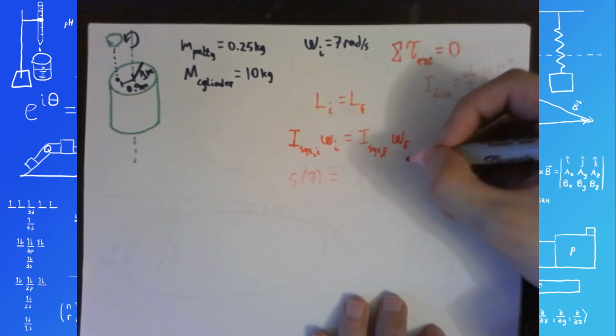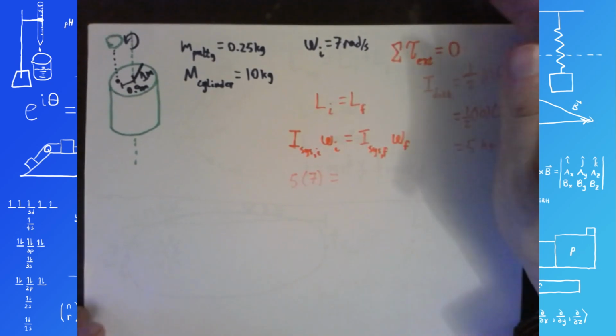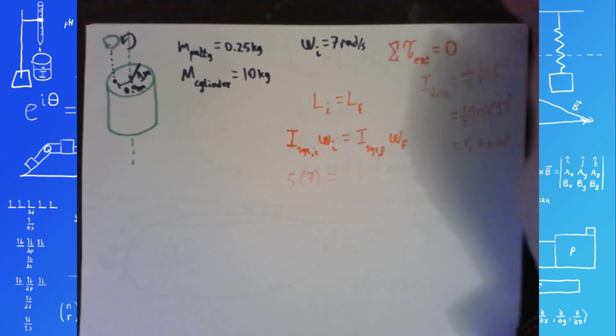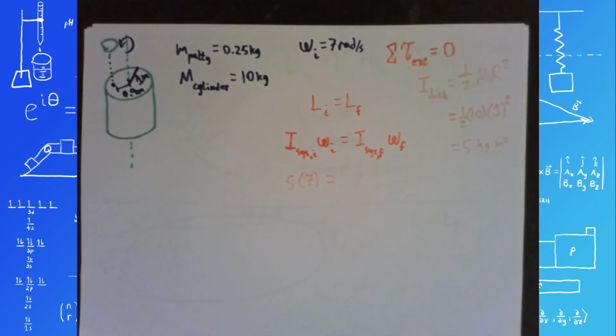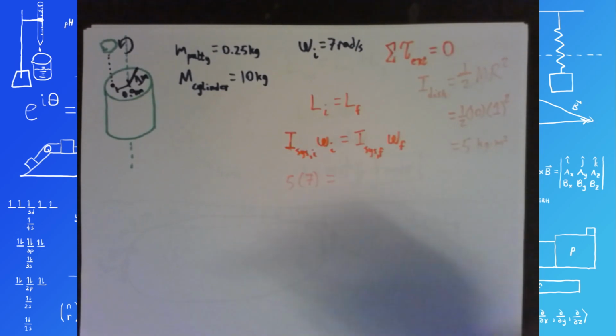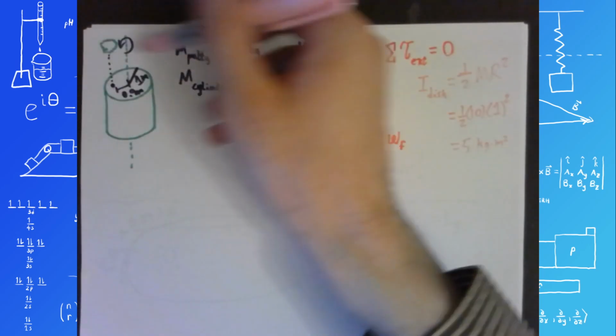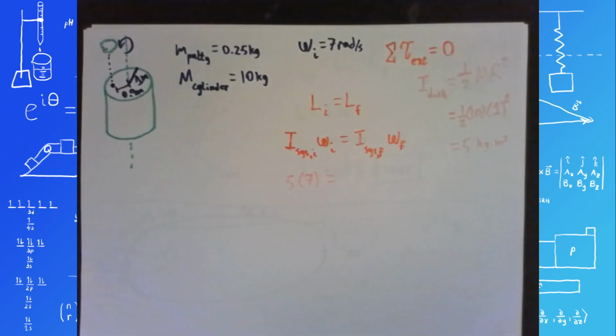Omega final here is going to be unknown, but what about the final moment of inertia of the system? This is going to be different from the 5 that we started with because now the piece of putty is involved. So now the moment of inertia of the system is the moment of inertia of the cylinder plus the moment of inertia of the piece of putty. The piece of putty rotates around the axis of rotation once it attaches to this cylinder. The axis doesn't run through it, so we can treat it like a point mass.